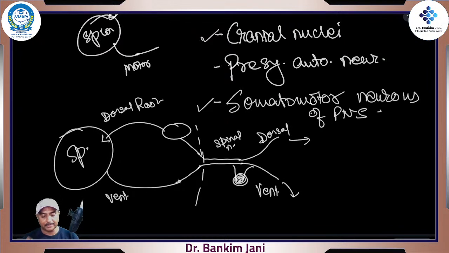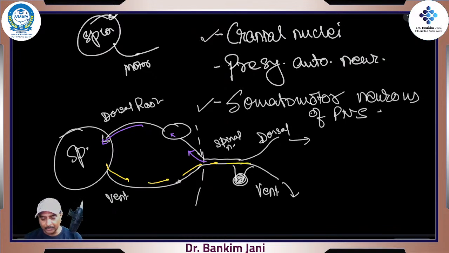So the point is that the spinal nerve is carrying all the fibers. Amongst those fibers, there would be the sensory fibers, which take this path via the dorsal root ganglia and land into this. There would also be motor fibers coming out, and they go into the same conduit, the same pipe as the spinal nerve.